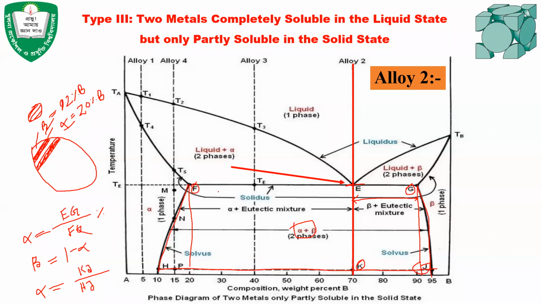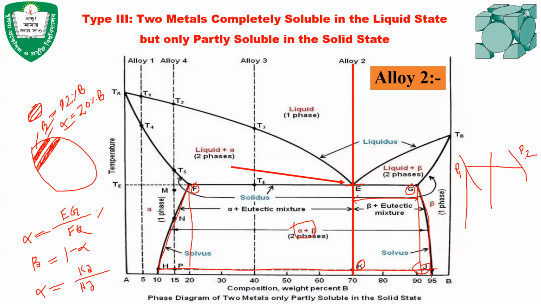It is the lever rule. Rule 2 actually says that if you have a tie line between two different phases, let's say this is phase 1, phase 2, and this is phase 1. For a certain alloy, if you want to find out the chemical composition of phase 1, then you read the chemical composition from here, according to rule 1.